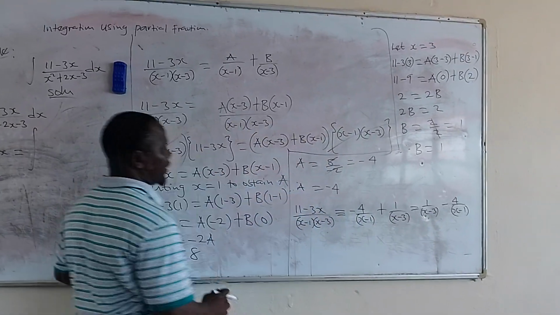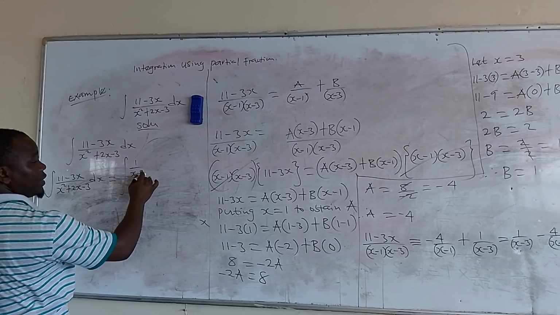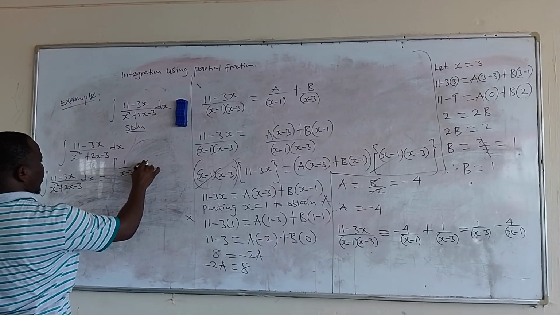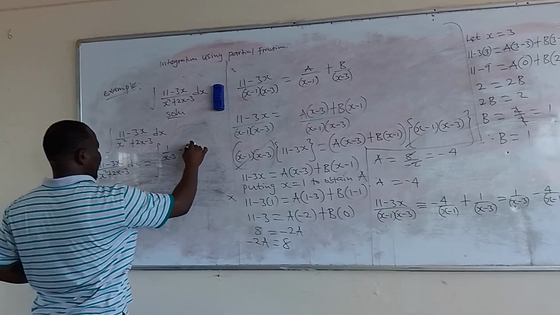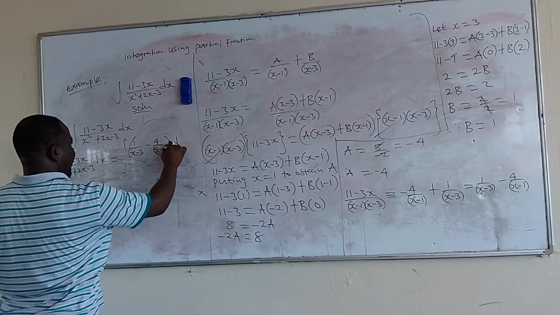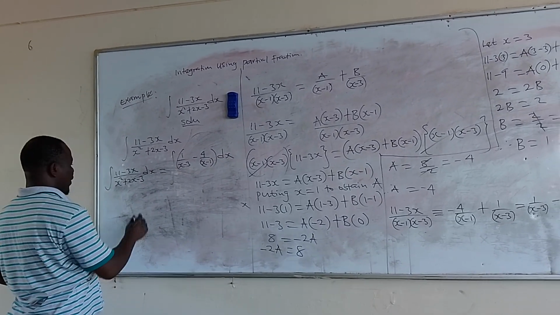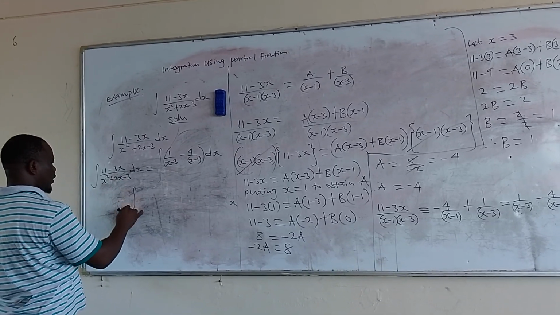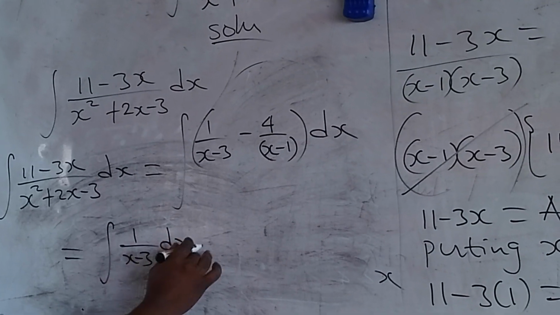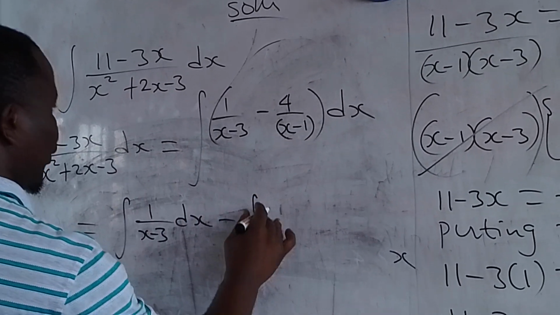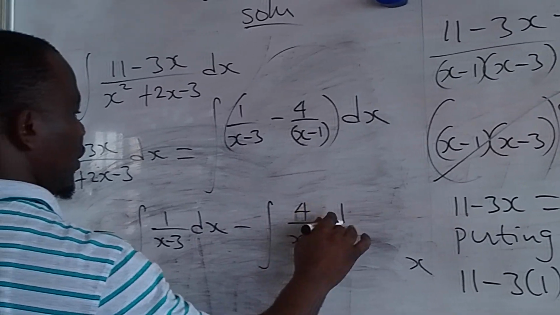So the answer is this: 1 all over x minus 3 minus 4 all over x minus 1, then all in brackets dx. So we can integrate this function. This is the same thing as integral 1 all over x minus 3 dx minus integral 4 all over x minus 1 dx.